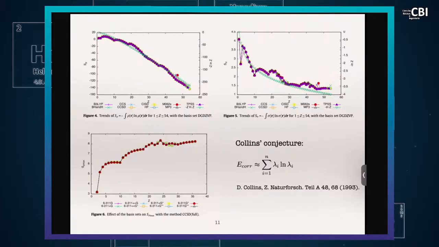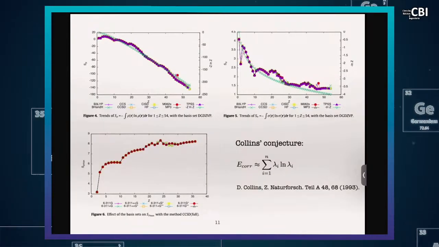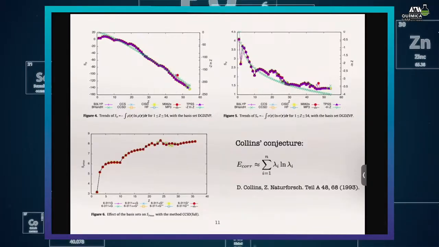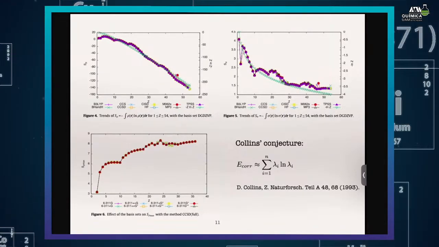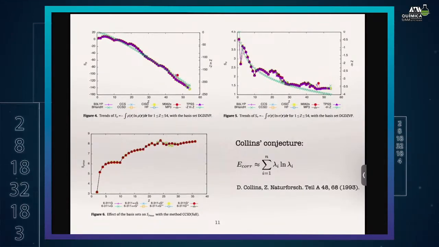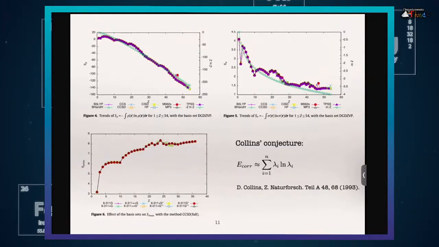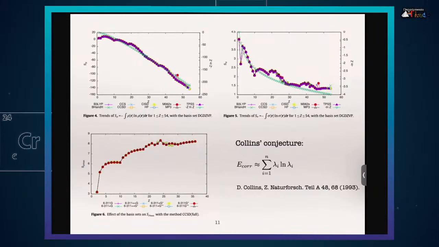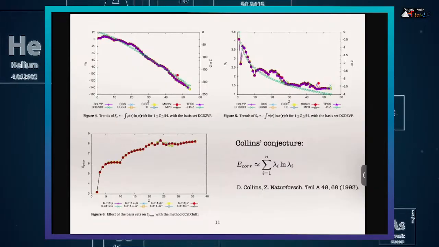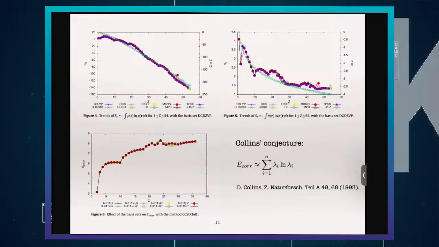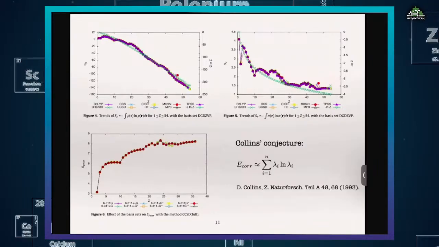So if we check, for example, the general trends of the Shannon entropy defined in terms of the electron density, we observe a decreasing behavior. We don't know if it's correct. In the case of the Shannon entropy defined in terms of the J factor, we observe the same situation.